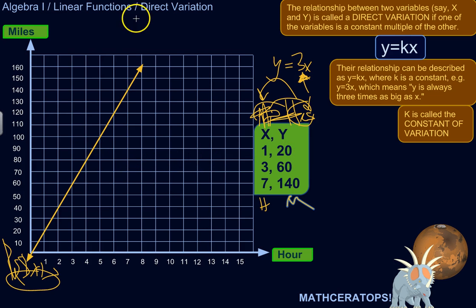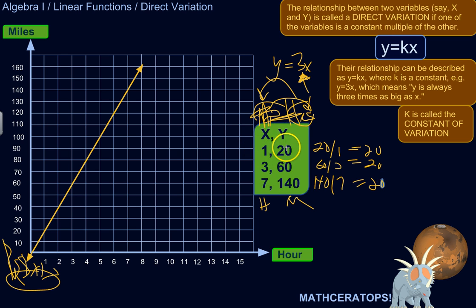Well, notice something about how these variables, time and distance, relate to each other. If I take y and divide it by x, 20 divided by 1 is 20. 60 divided by 3 is 20. 140 divided by 7 is 20. So I could write this relationship.